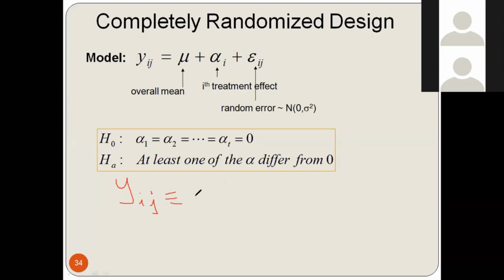It's called the observed value of the ith treatment in the jth replication.